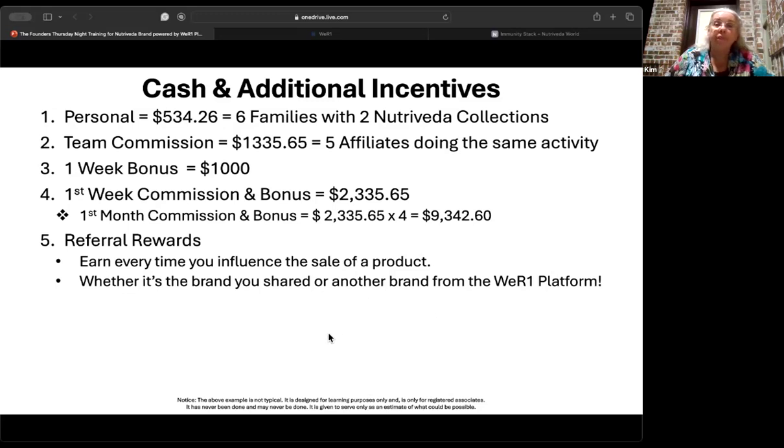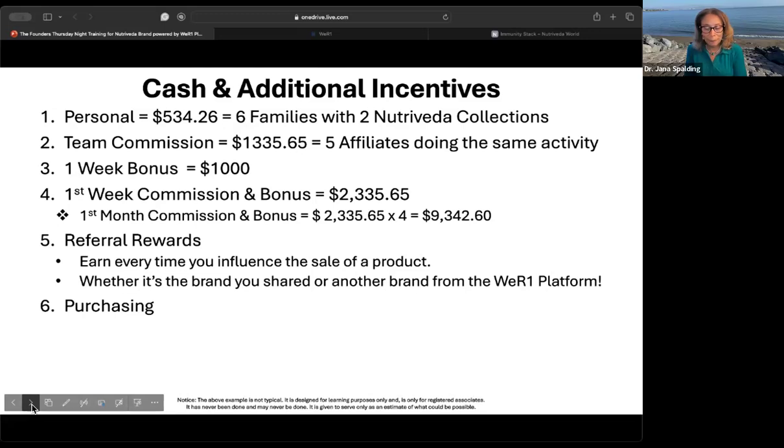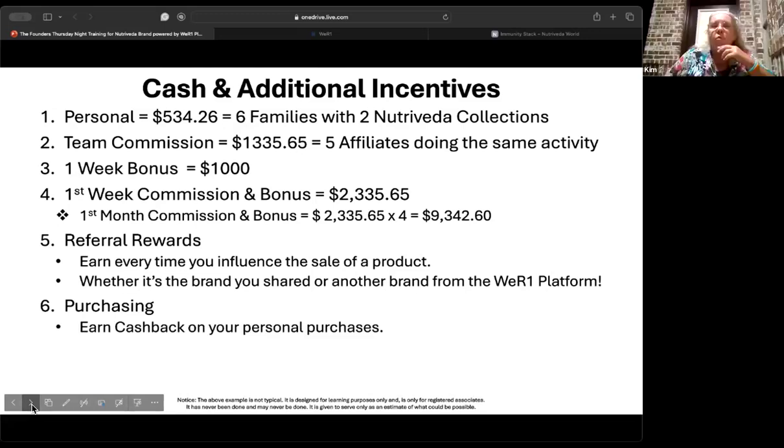Now we get paid on personal purchasing. On our own personal purchases, we get paid not as a commission, but we get a discount off of it.